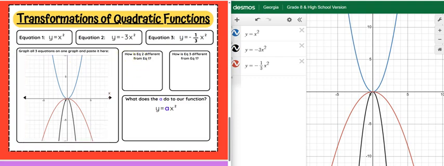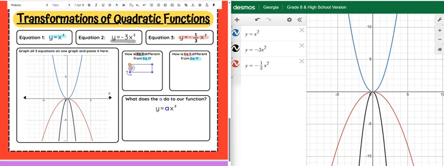All right, so how do they change? Well, let's go back. Equation 1 is our blue graph. Equation 2 is our black graph. Equation 3 is the red graph. So what do they do? They reflect over the x-axis, and this one also reflects over the x-axis.